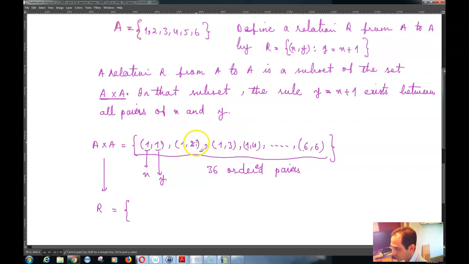For example, this ordered pair is one candidate. So you can write 1, 2.